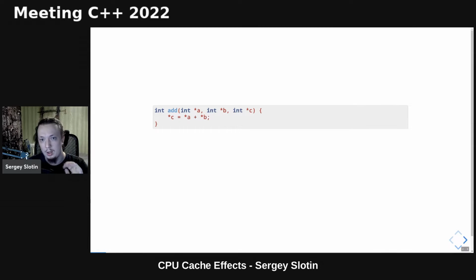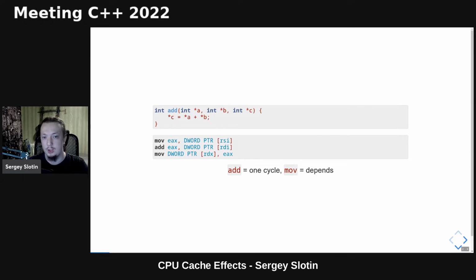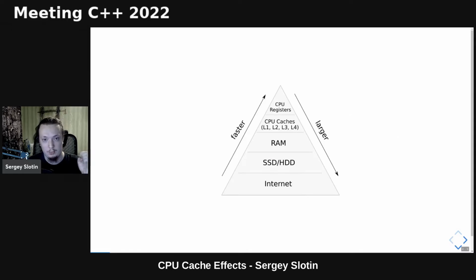But in general, we need to fetch the operands of this instruction from the memory, perform the addition itself, and write the results back where they are needed. And this can get much more complicated. When you fetch anything from memory, there is always some latency before the data arrive. And this latency depends on many factors, but mainly on where the data is stored. You see, modern computer memory is hierarchical.